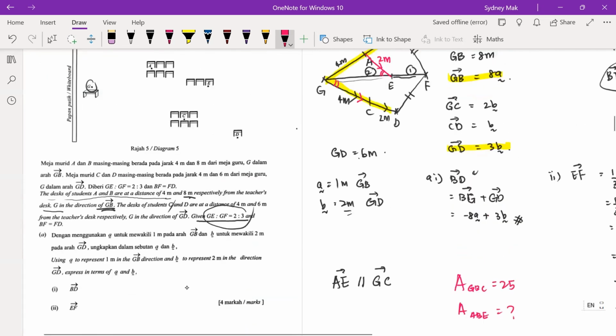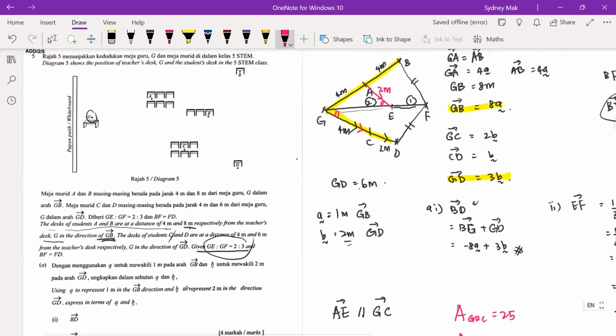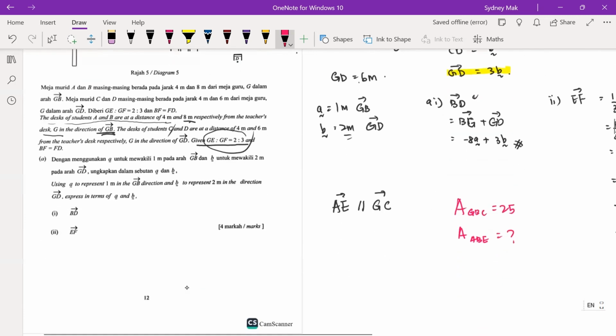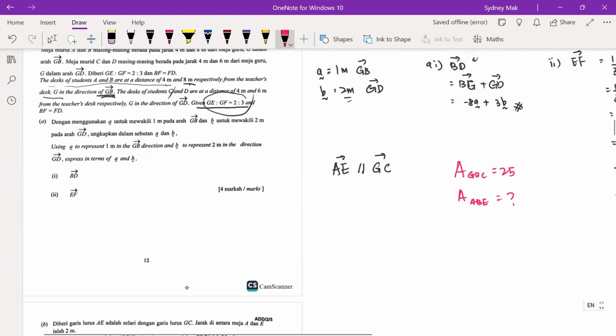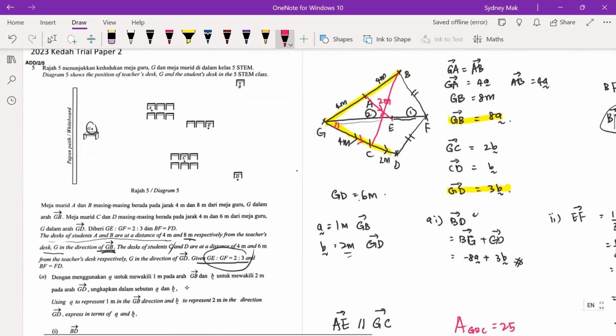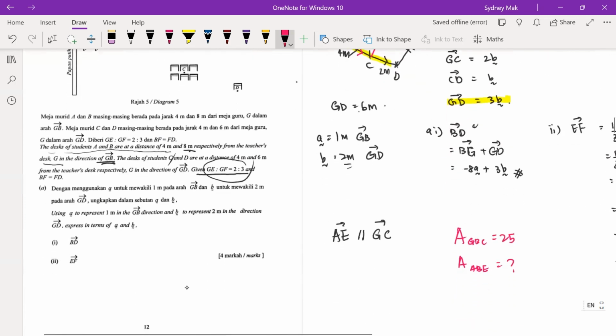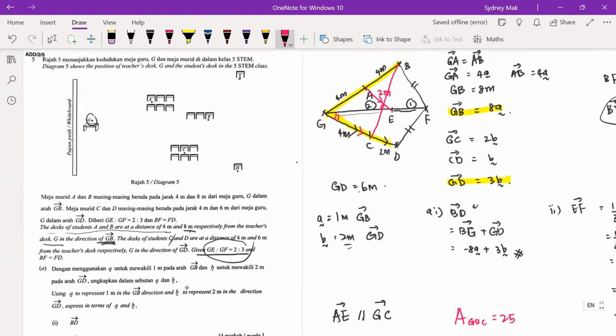Okay, so let's look at the triangle GBC, and then the triangle ABE. I need to find the A, B, and E.